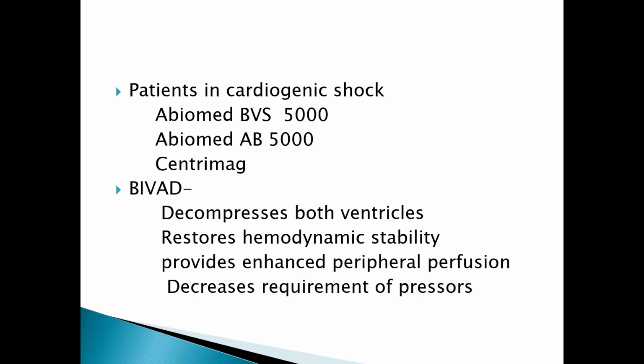But for patients who have cardiogenic shock, you can also consider Abiomed BVS 5000, Abiomed AD 5000, and CentriMag. For biventricular assist devices, they help to decompress both ventricles, restore hemodynamic stability, and provide enhanced peripheral perfusion for the patient. Next slide, please.